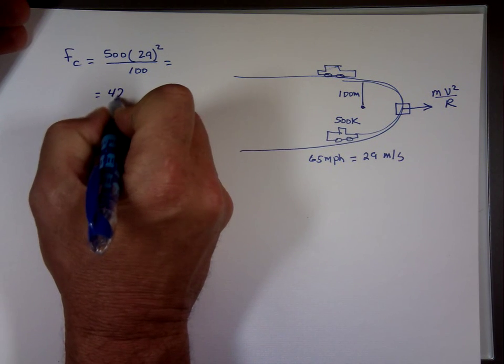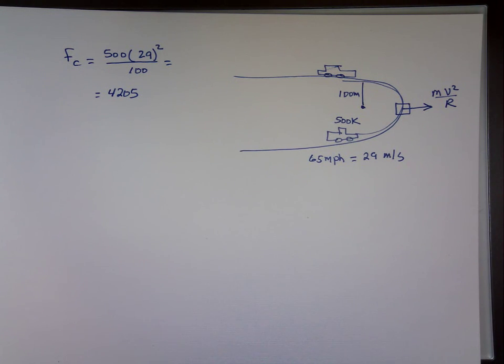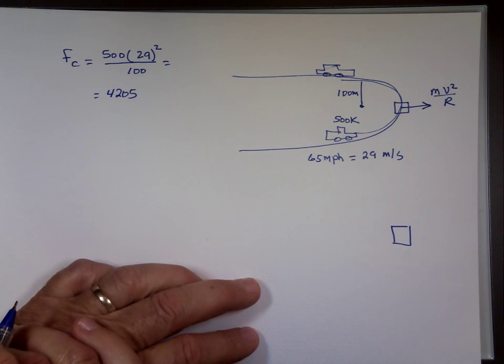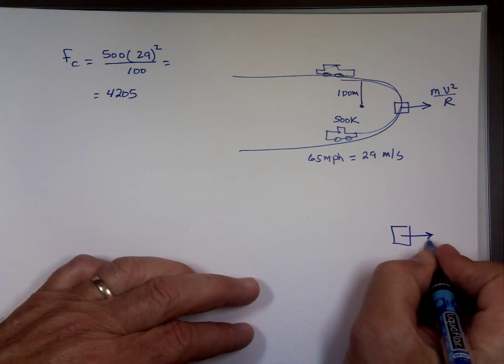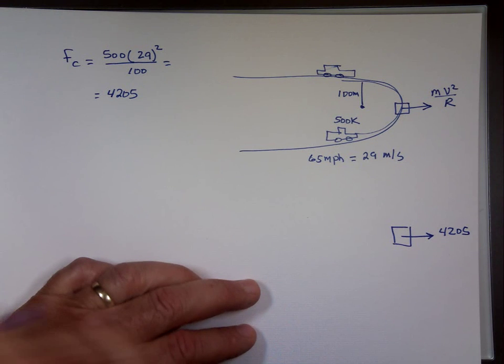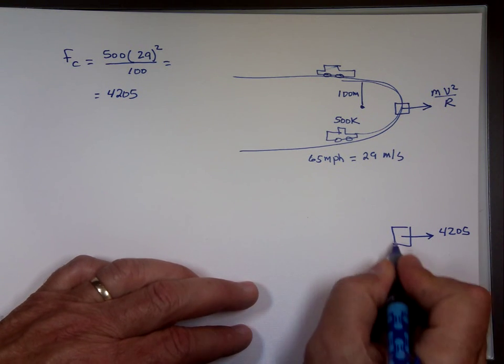Now, what's going to happen to you as you make that turn? Well, we don't know. It depends on what kind of tires you have on your car, the surface of the road, because you have a force in this direction of 4205 pushing you in that direction. What's keeping you from sliding out, if anything? It's the friction force between the tire and the road.